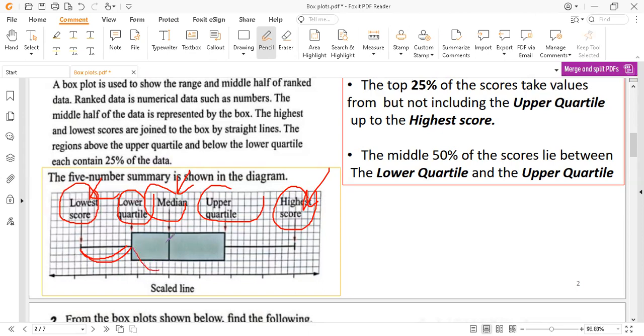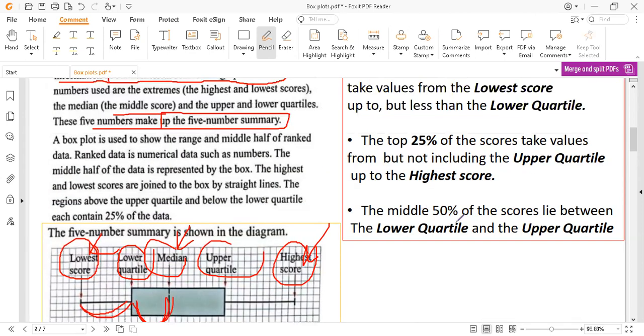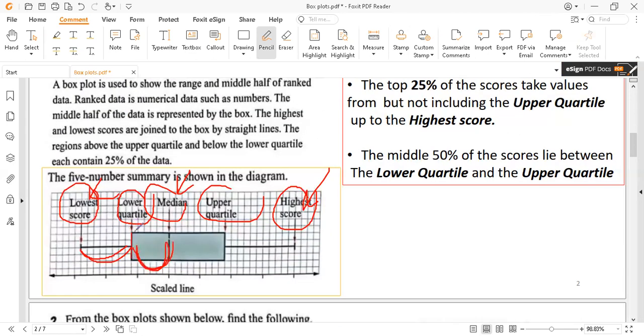Secondly, this part also holds 25% of the scores, the second part of the scores. Normally, the box limited by the lower quartile and the upper quartile contains the middle 50% of the scores, which lie between the lower and the upper quartile.